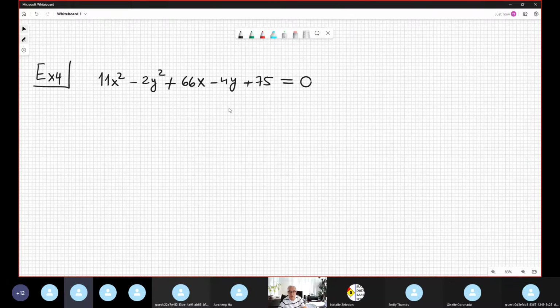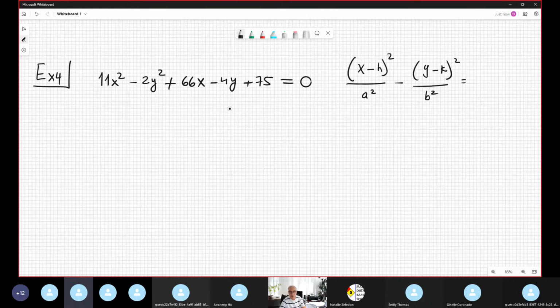When you manipulate it using the completing the square technique, we get something like this: (x minus h) squared over a squared minus (y minus k) squared over b squared equals.